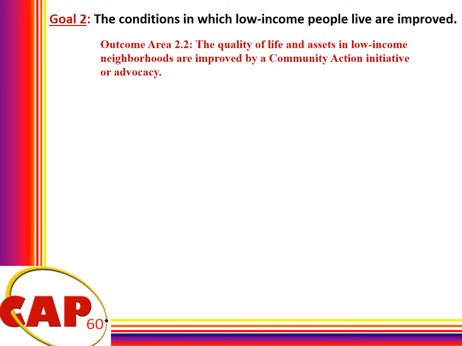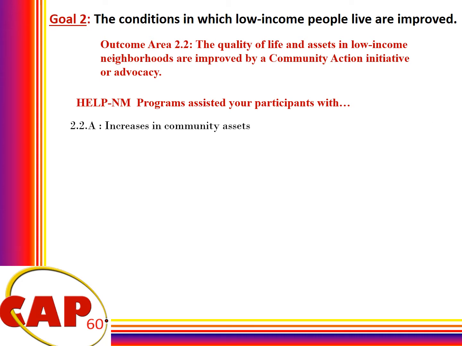Outcome Area 2.2. The quality of life and assets in low-income neighborhoods are improved by a community action initiative or advocacy. Use these indicators if Help New Mexico programs have assisted your participants with any of the following. 2.2a. Increases in community assets. 2.2b.